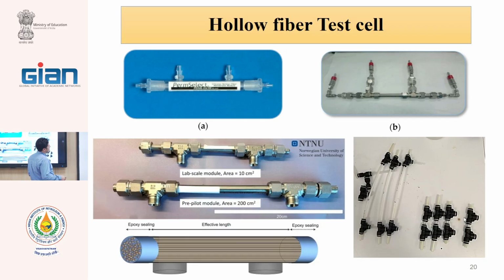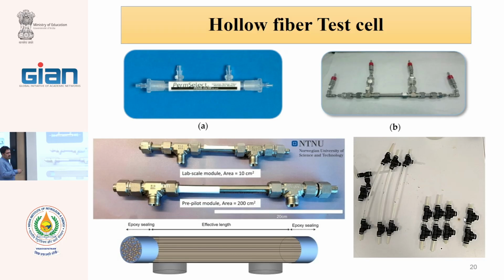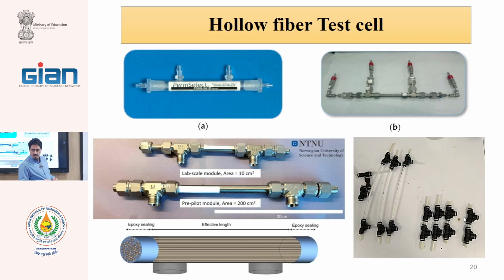For example, the feed can come here, go here, and as a concentrate, get out, and the permeate can be collected here and here. In this case, we have a cross flow. Feed comes and concentrate. But if we close this exit here, we only have a feed and only permeate. Therefore, when we have it open here, we have a cross flow. When we close the concentrate section, we will have a dead end.